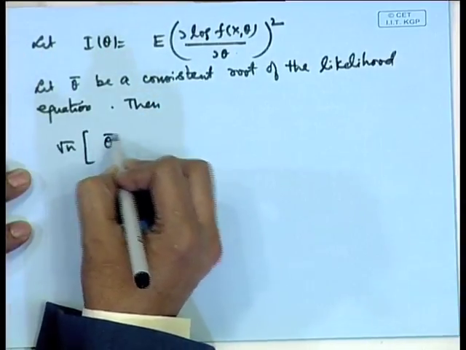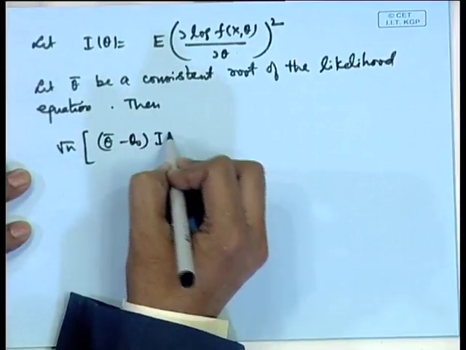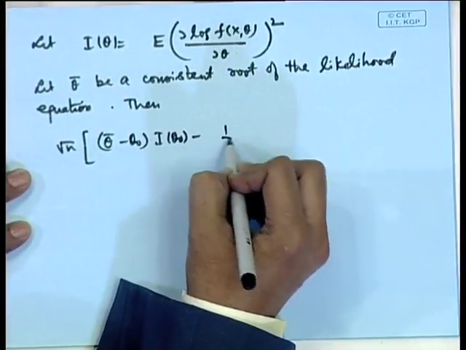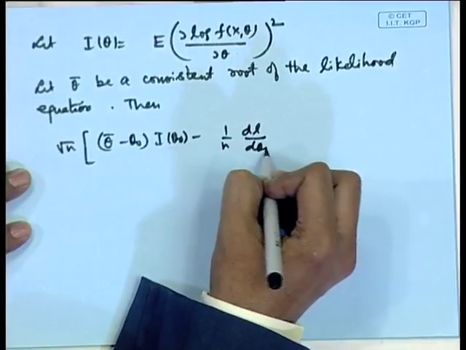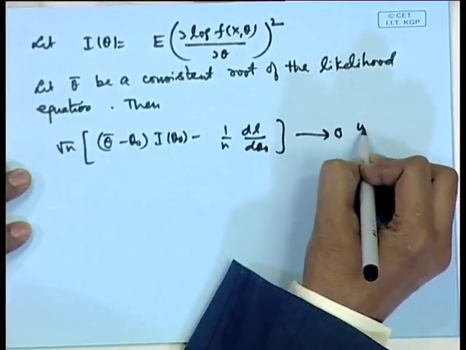The asymptotic distribution of is 0 with probability 1.